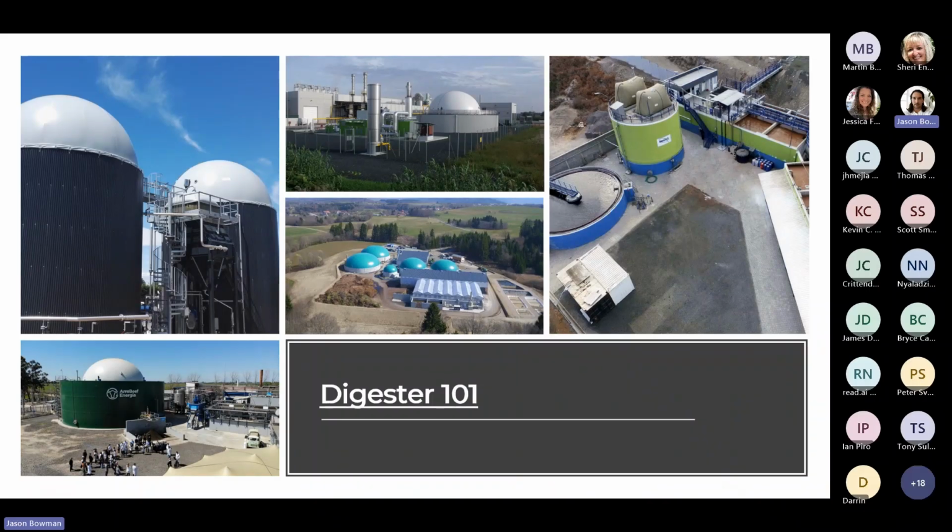So again, this is something that we've covered in other webinars, so I'm not going to go into too much detail on this today. The point that I'm trying to make here is that at the end of the day, we find that the volumetric loading rates from digester to digester configuration may vary on an order of 10 times.